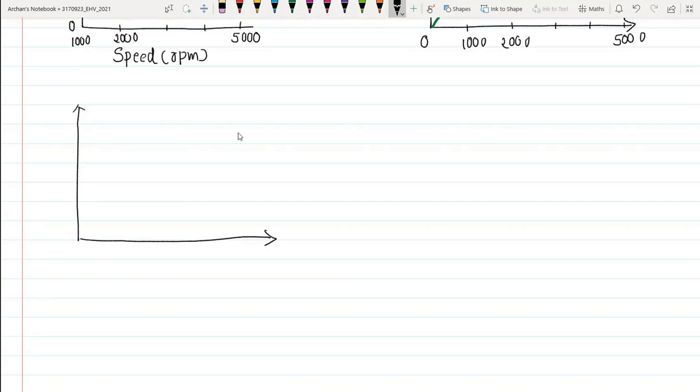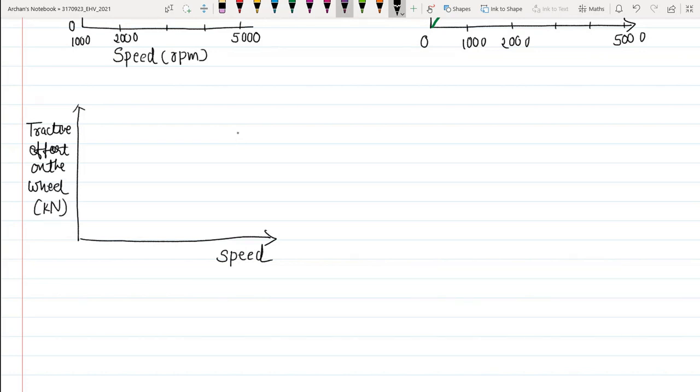Say this is my vehicle speed and this is the tractive effort on the wheel, which is nothing but the torque in kilonewton.